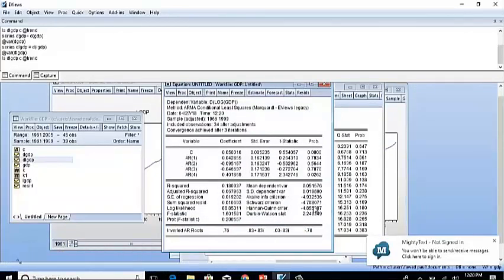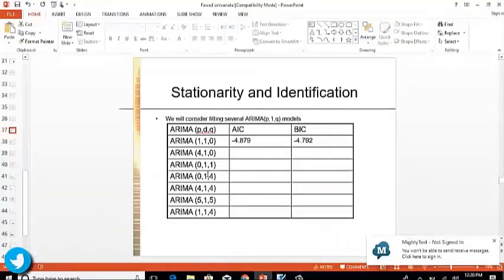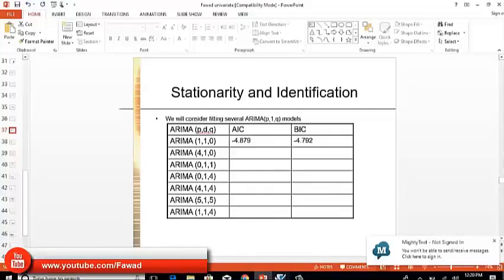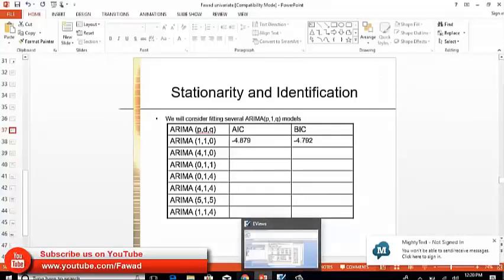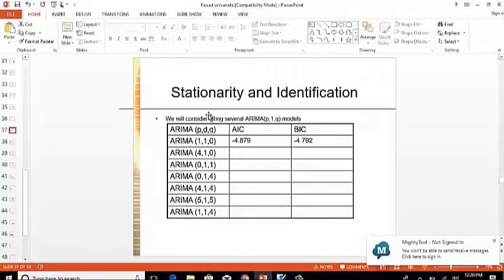Now write down this value here, the same as you calculated for this one and this one. Pause this video and calculate it by yourself.